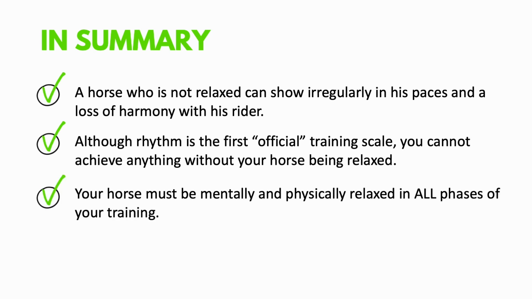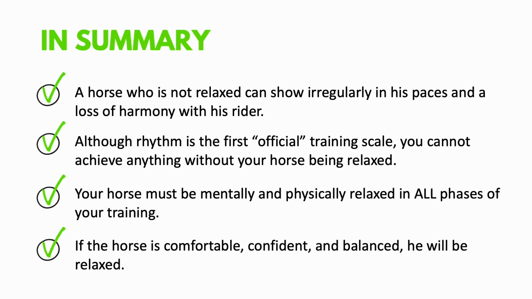And this means that your horse must be mentally and physically relaxed, and it must be present in all phases of your training. This is not just something that you focus on at the beginning and then you forget about it. It's something which underpins every single session and every single movement. And if you can keep the horse comfortable, confident, and balanced, then more than likely he will be relaxed.